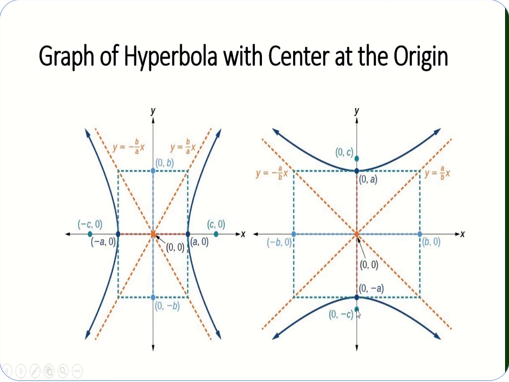It is similar to the ellipse. What is different here is the auxiliary rectangle. And then the asymptotes, the same thing, on the left, negative a over b times x. The difference is just inverted. Then on the right, a over b times x.